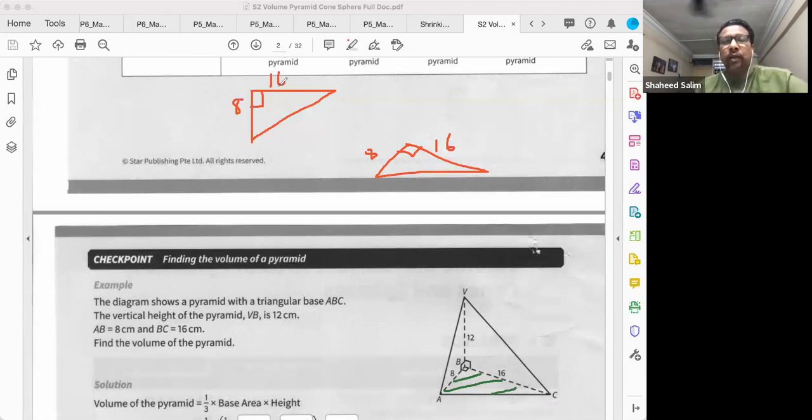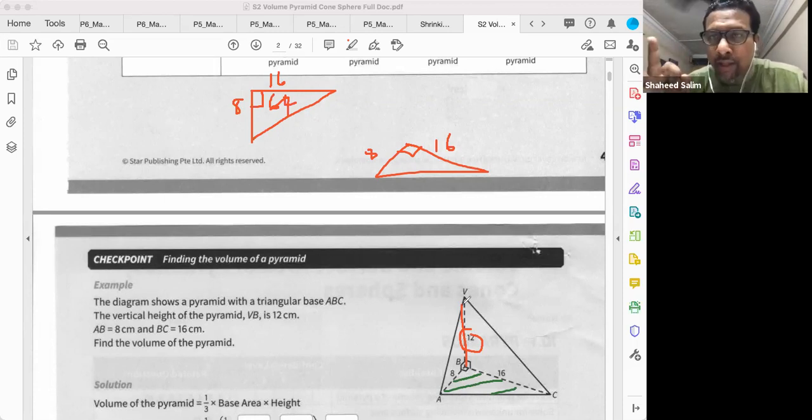So, how to find the area of this? Half times base times height. Half times 8 times 16, you get 64. Then you must times the height. Where's the height? The height is here. Times by 12. I think you get 768. Then remember, you are supposed to divide by 3.